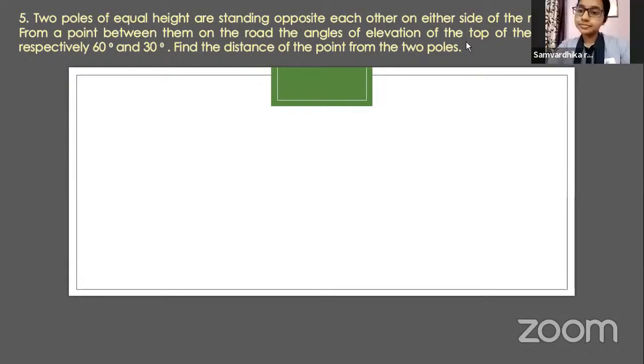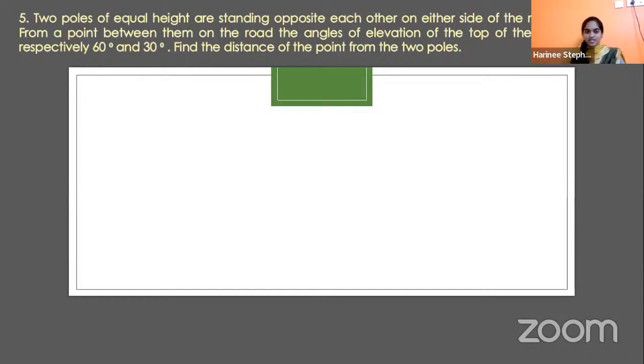More the angle of elevation. Very good. So accordingly, mark your 60 degree and 30 degree. Very good, Kishore. Correct. The angle of elevation will increase.